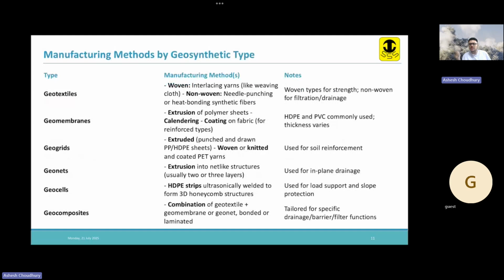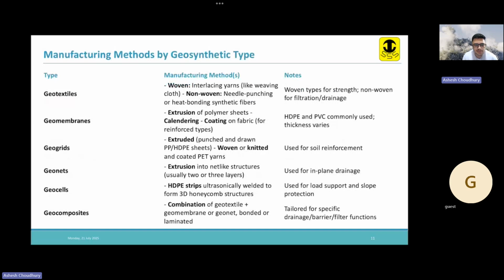Again and again I'm saying, please go through that portion also. Go through the initial introduction, then these polymer topics, and then the manufacturing topic. Different manufacturing methods are used for the different types, and those are also given in detail in the book. So please go through it in detail.